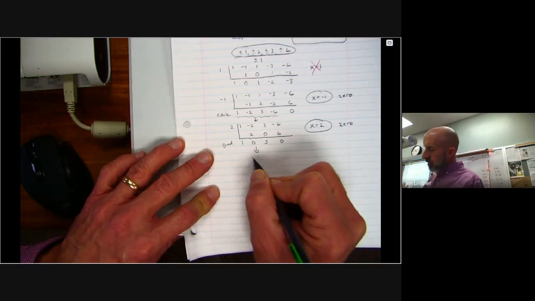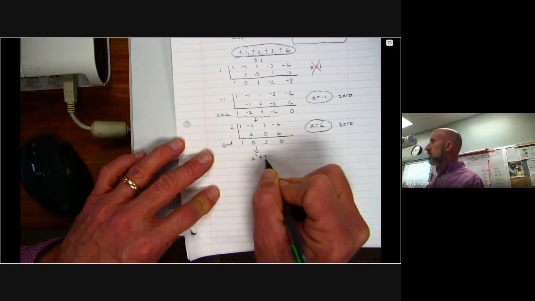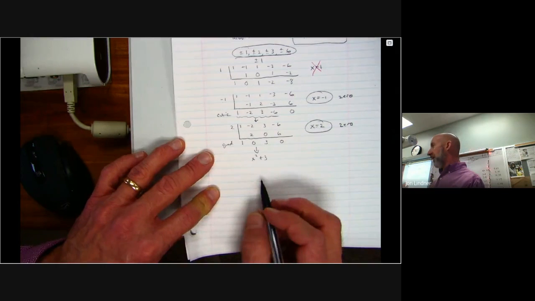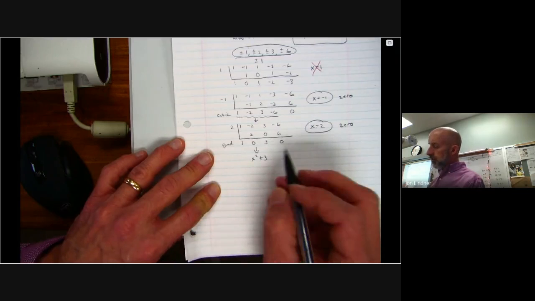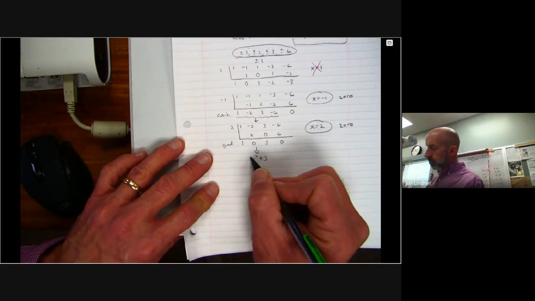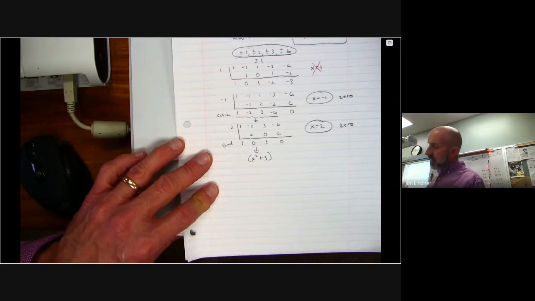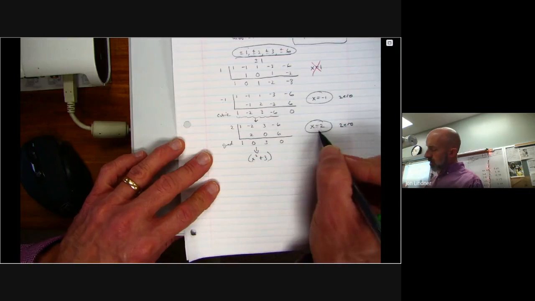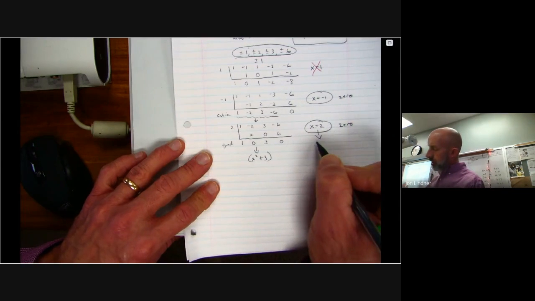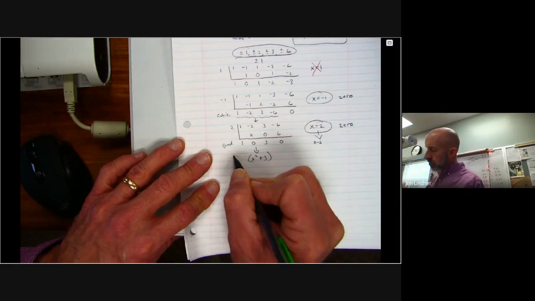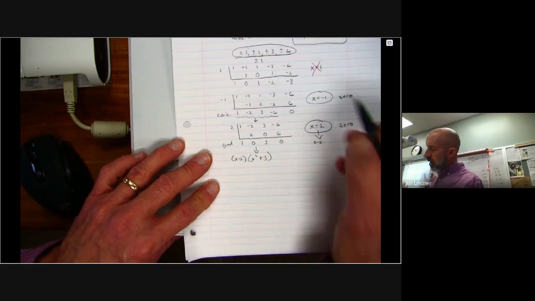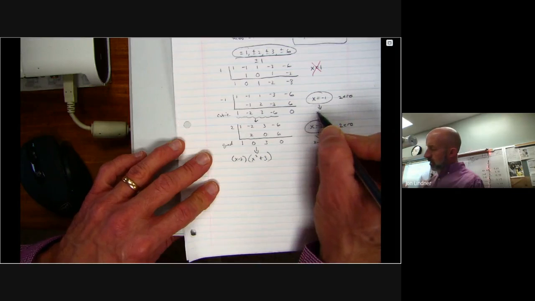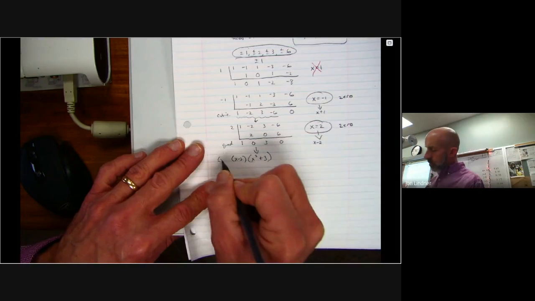This is just x squared plus 3, which will not factor because it's not a difference of 2 squares or anything. So I'm ready to state my final factored form. It's x squared plus 3 times this would turn into x minus 2. It's working backwards. This would turn into x plus 1.